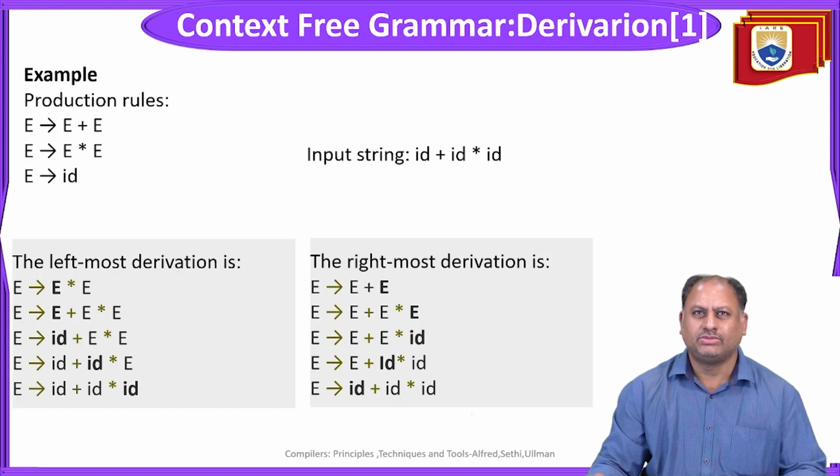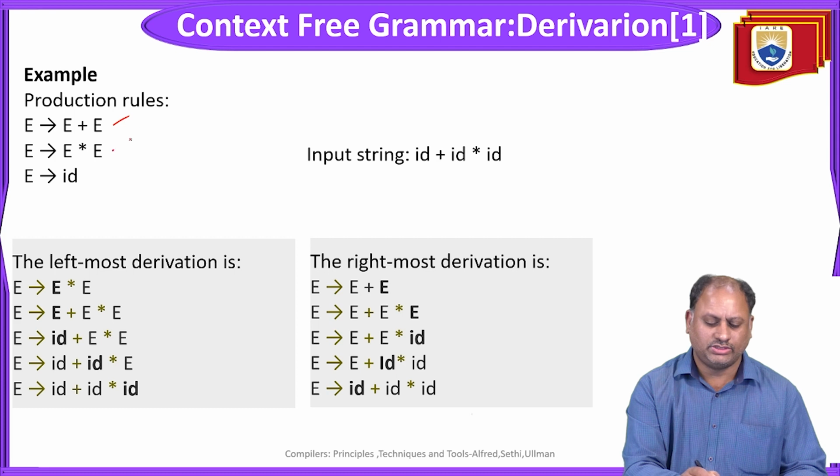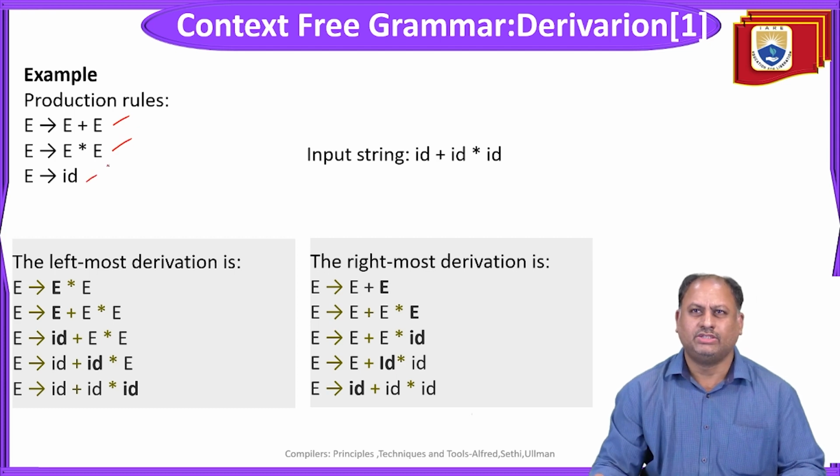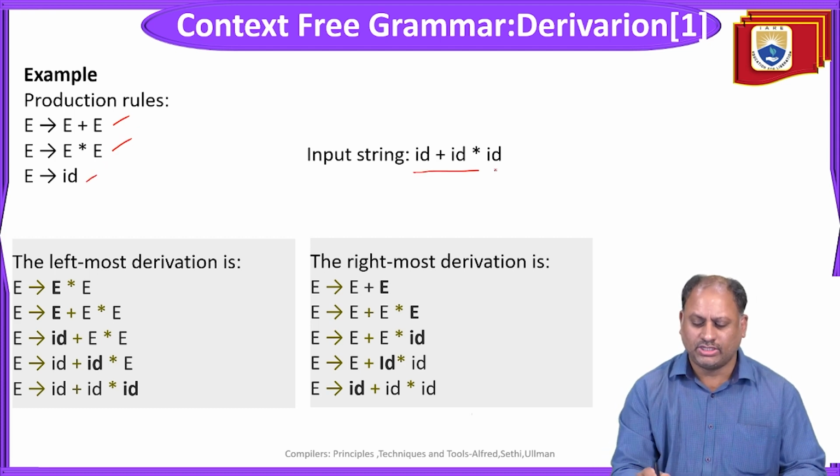So one of the production rules is given as an example. Here in this example, E derives E plus E, E derives E star E, E derives ID. So the string to be determined is ID plus ID star ID. So we applied the leftmost derivation as well as the rightmost derivation. Here in the leftmost derivation, the leftmost non-terminal E is to be replaced with the corresponding string, here E plus E. Why?